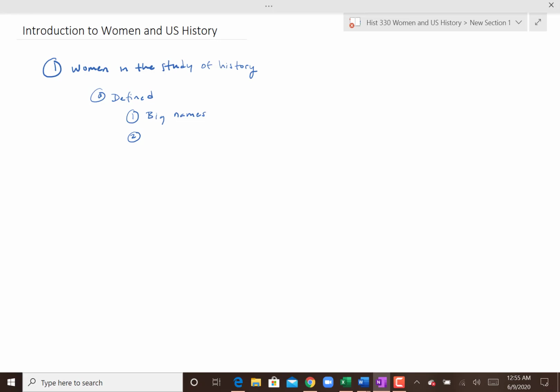the really big names. So a good one outside of the United States would be Cleopatra, right? She is a massive name, such a huge historical figure that you can't completely sideline her. In United States history, you see that with usually Abigail Adams, who was John Adams' wife, and some of the roles that she played there. Harriet Tubman with the Underground Railroad, and then Elizabeth Cady Stanton is often mentioned within the abolition movement, women's rights, that type of thing, and so on.